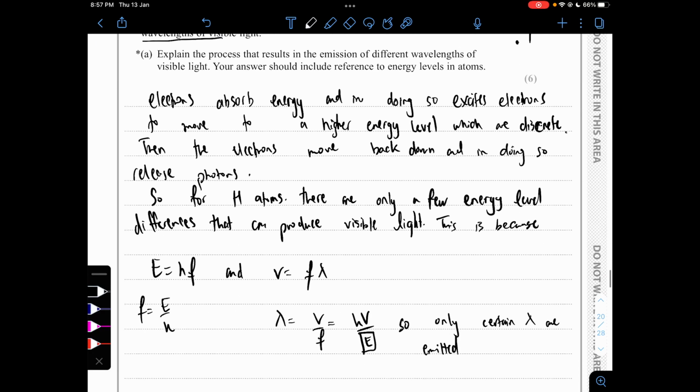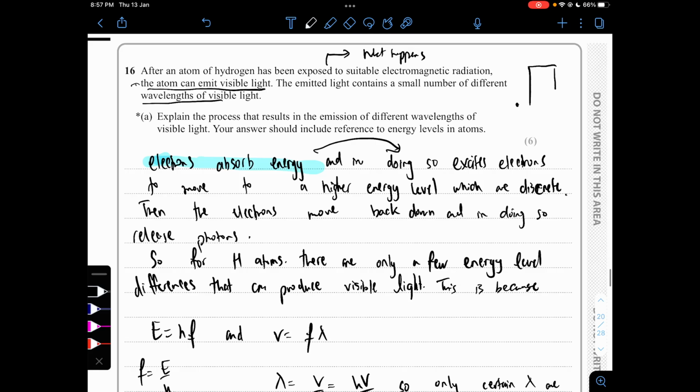So that's 6 marks. We have talked about how electrons absorb energy, and because they absorb energy, they excite. They go from here to here in this discrete energy level, so they move to a higher energy level. These are discrete. And then when they move back down, they release photons. Then we talk about hydrogen atoms. There are only a few energy levels that can produce visible light.